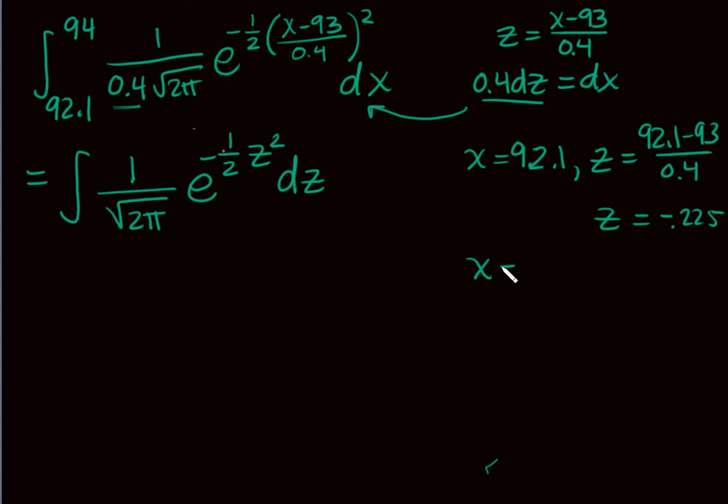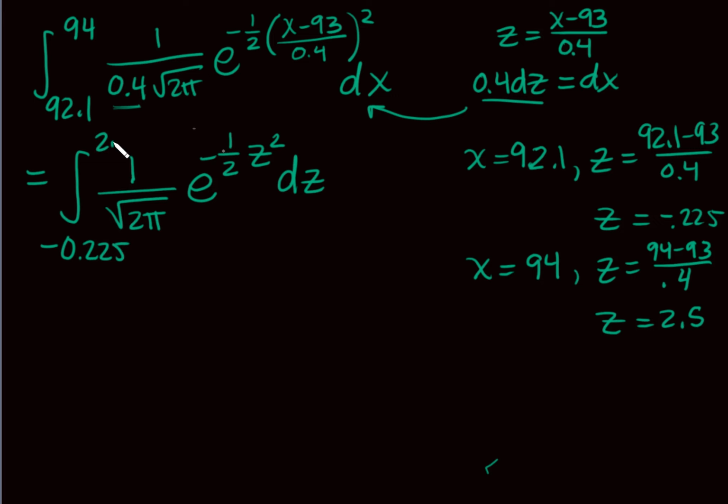And when x is 94, z is 94 minus 93 divided by 0.4, so that's 1 divided by 0.4, which is 2.5. So my new bounds are negative 0.225 all the way up to 2.5.